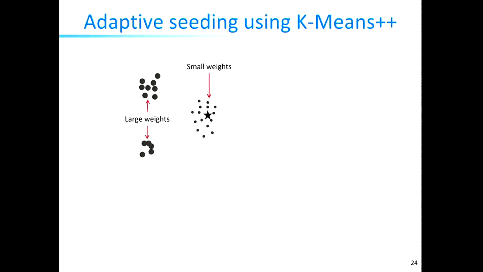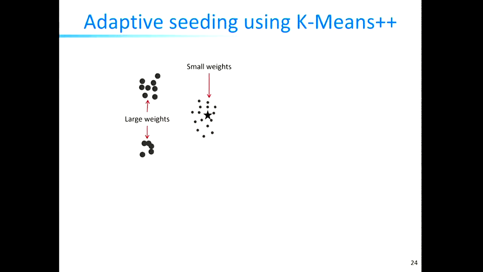You go through all the points, compute the closest distance to any centers you have so far, square that, and renormalize. That gives the probability of sampling each of these points. Here the diameter of these circles represents the probability of being sampled. So once you've picked this point, all of these points close by are going to be unlikely to be sampled, and the points in these clusters here are going to be much more likely to be sampled.